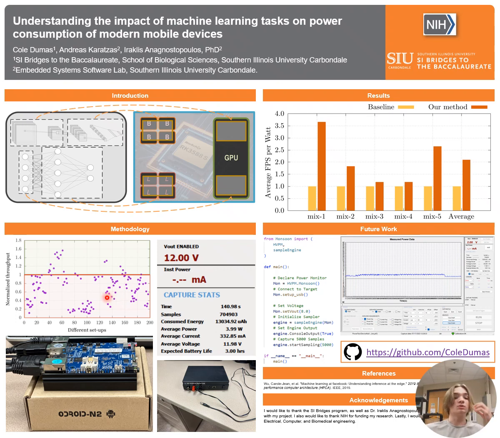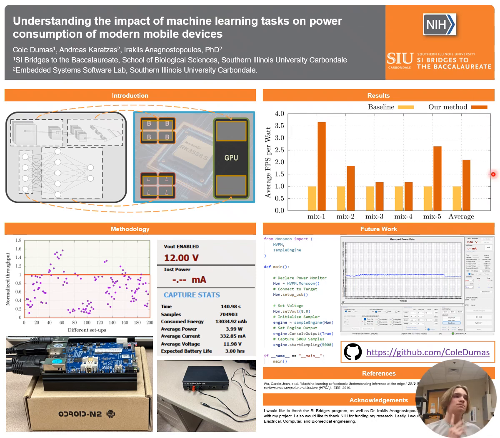Now, that brings me to my results. The yellow bar is the baseline, so as you can see it starts at 1, just like the control. And the darker orange bar, which is our method, is the test that we ran. So we have mix 1 through 5 and then the average. Each mix is a test that we ran. Within each test, we ran 4 machine learning tasks concurrently at the same time.